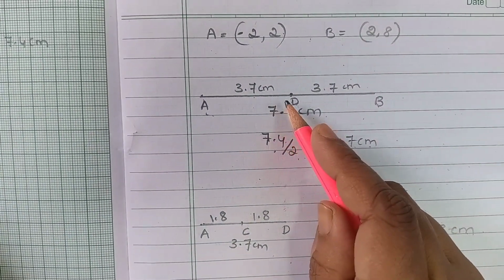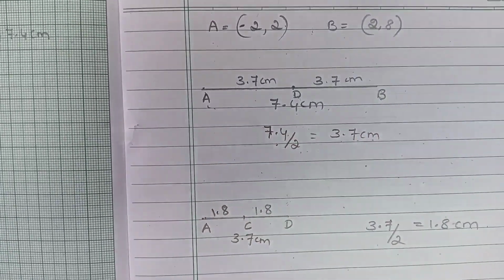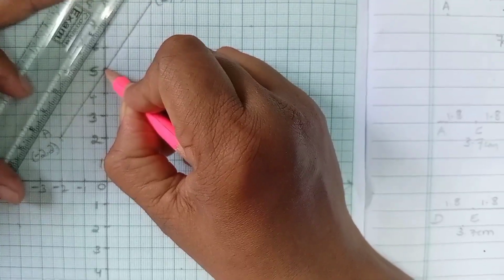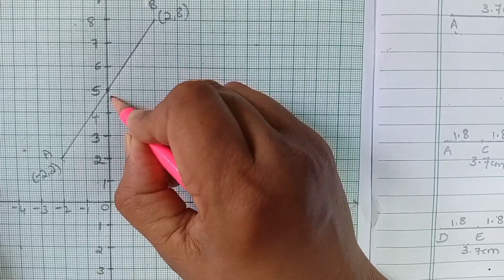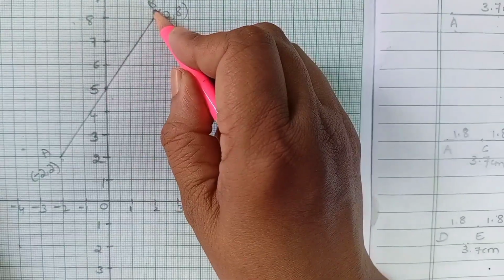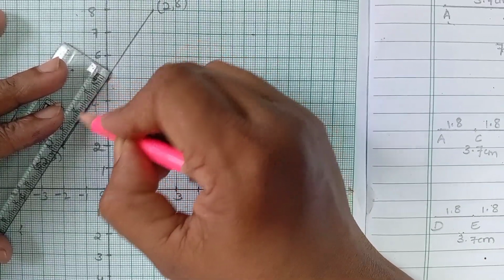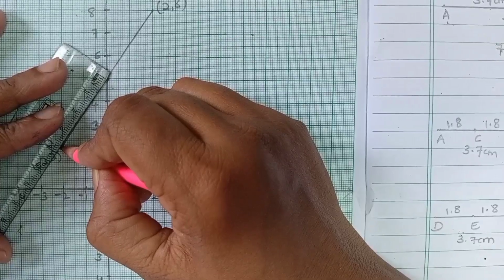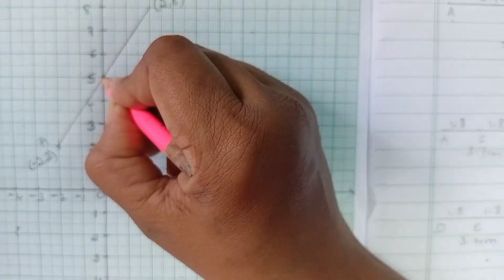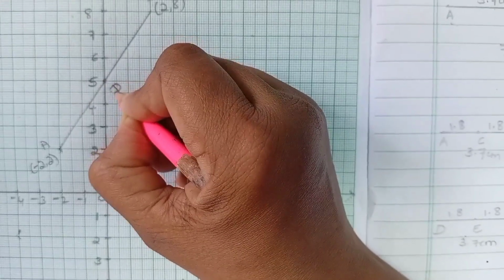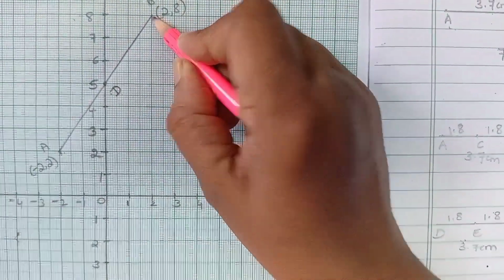Now let us mark 3.7 centimeter from the point B. This point measures 3.7 centimeter from the point B, and this also measures 3.7 centimeter from the point A. Now let us name this point D. We know that D is the midpoint of AB.